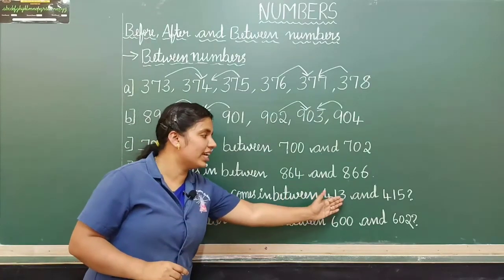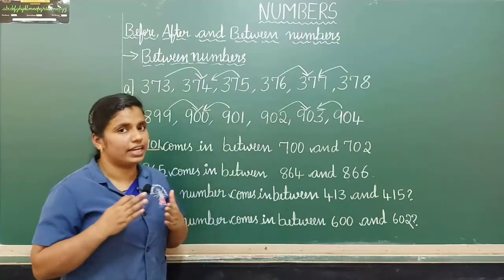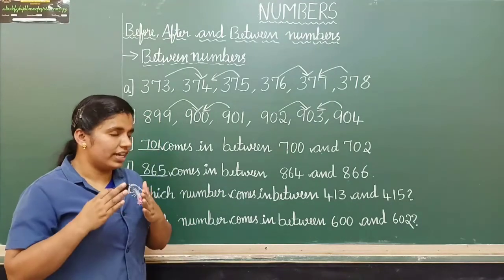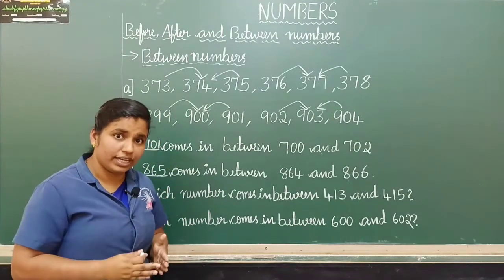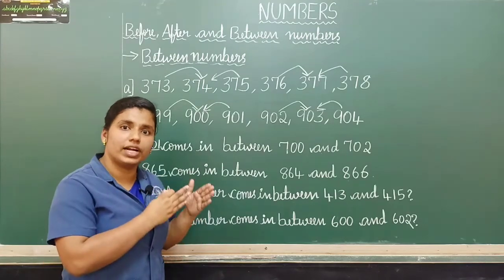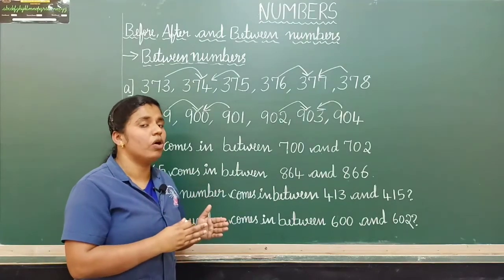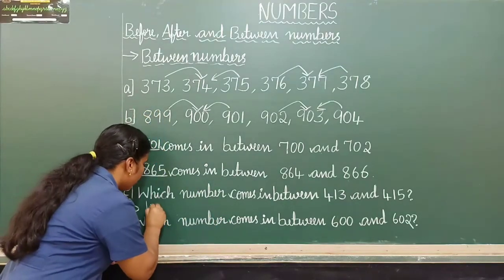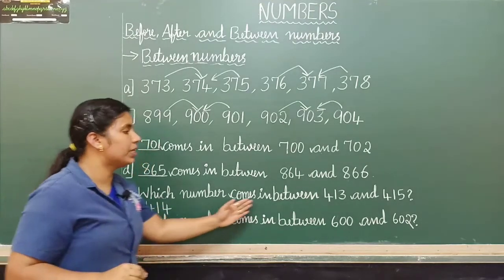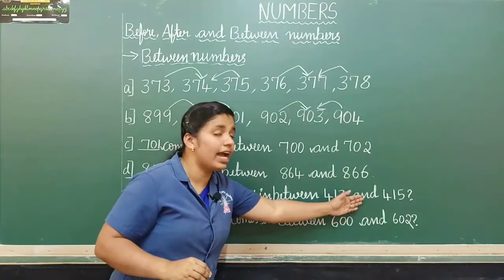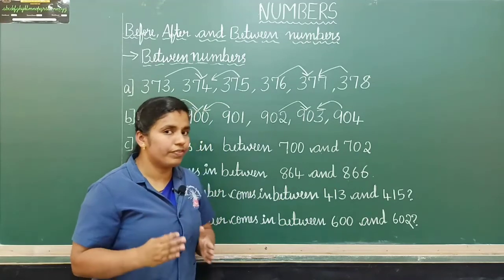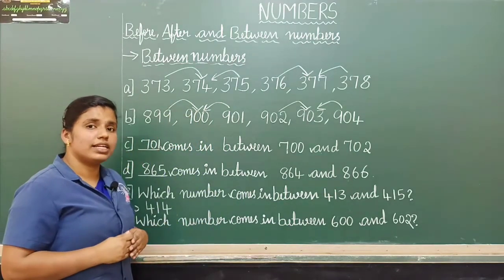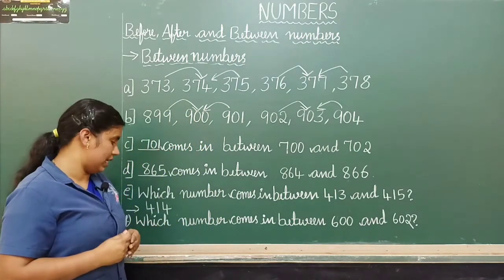Between 413 and 415. 413, 414, 415, 416. Therefore, 414 comes in between 413 and 415. Last, let us solve one more example.